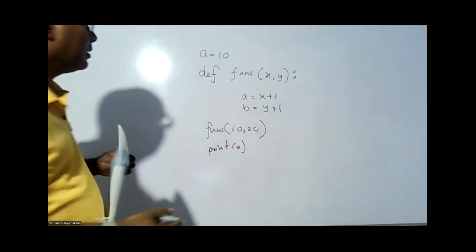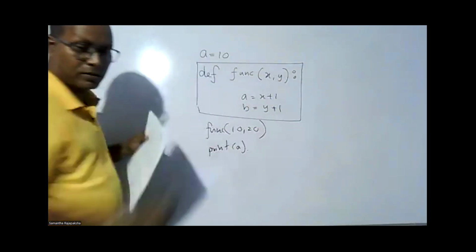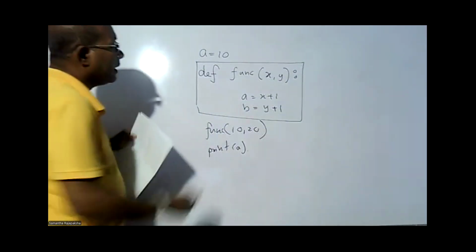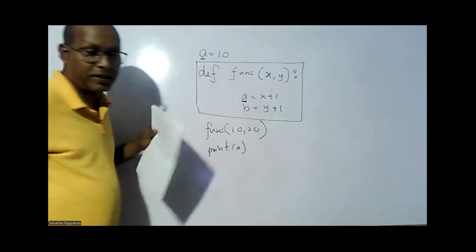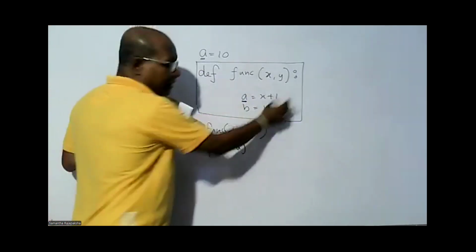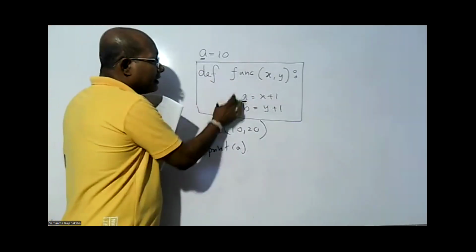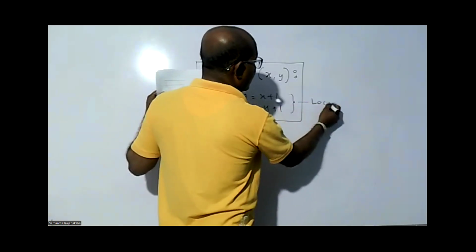Remember, this A and that A are not equal. The variables inside the function, we call them local variables.